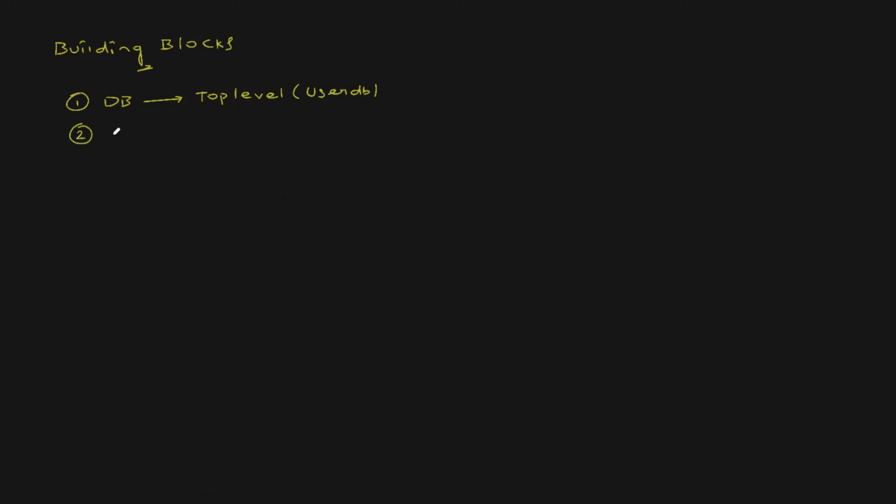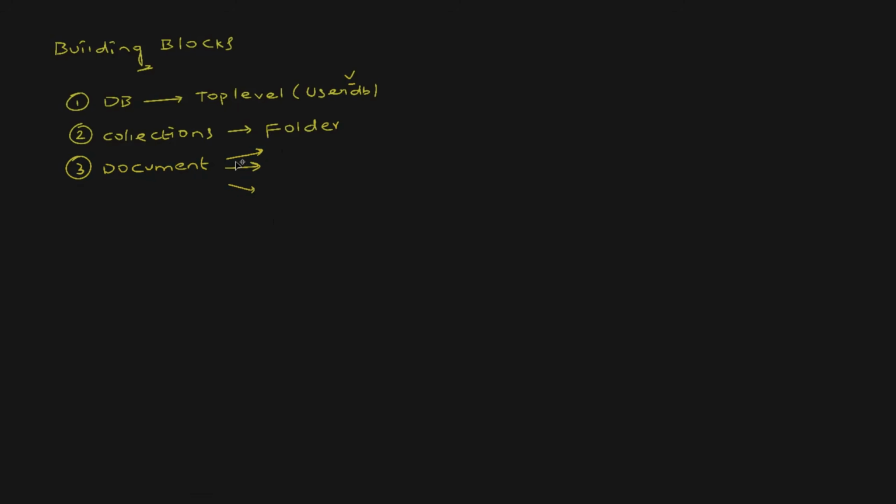Then you have something called collections. Collection in MongoDB is basically like a folder within your database. Then there is something called document. Document is basically to store information of individual users in this case. Let's say you want to store information of 3 users.